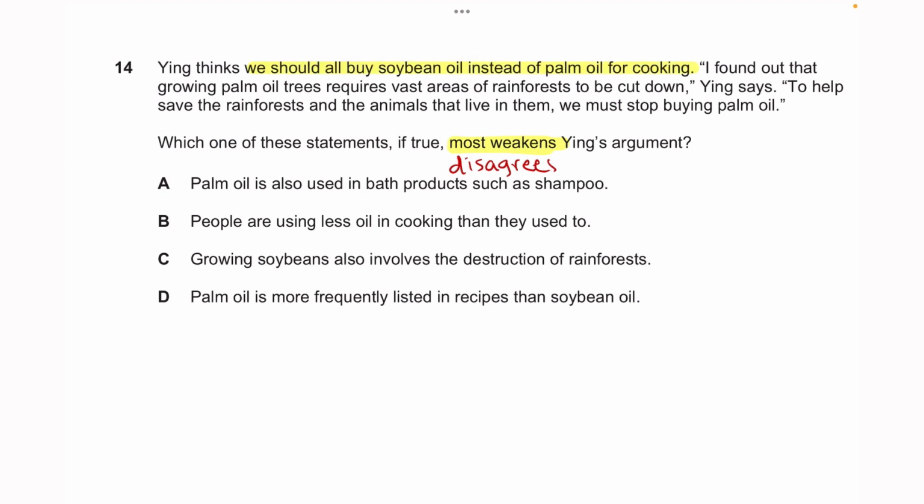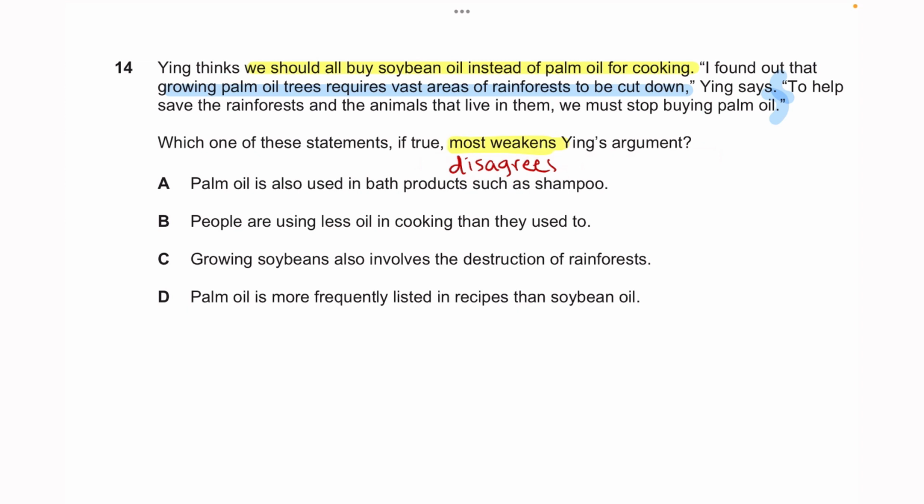The reason, her evidence, is that growing palm oil trees requires vast areas of rainforest to be cut down. And so, to help save the rainforest and animals that live in them, we must stop buying palm oil. That's her conclusion. Now we need to find out which one disagrees with Ying's argument and takes a different perspective and says, no, there's also a problem with buying soybean oil.